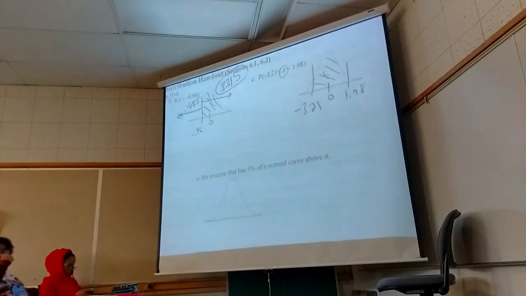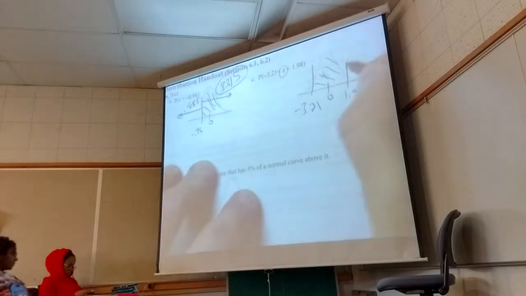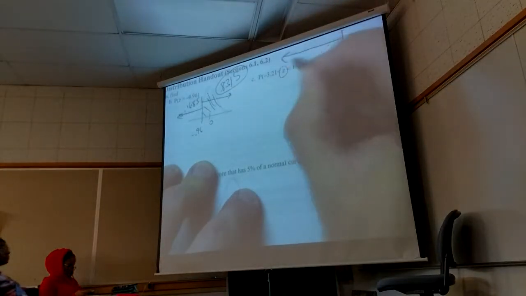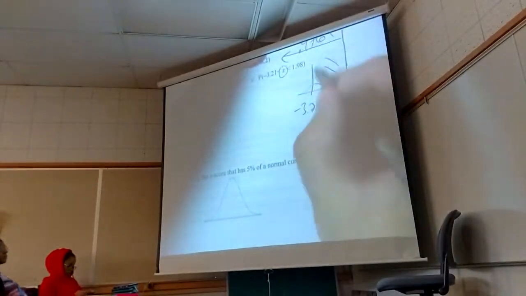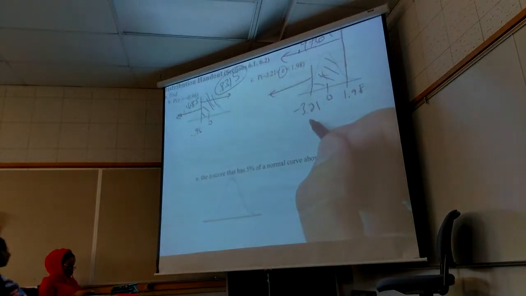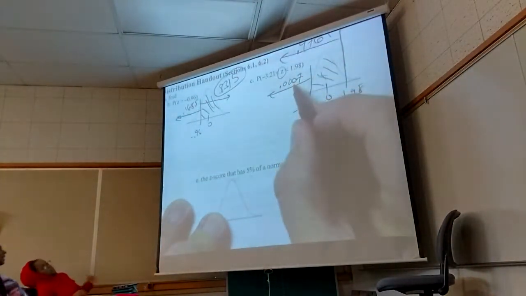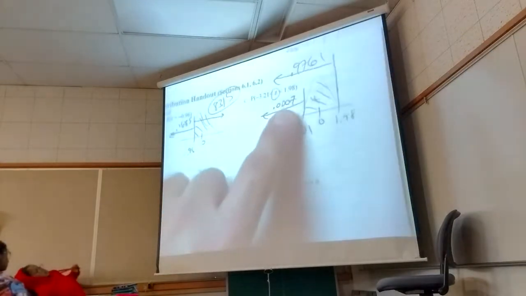It's going to become important on the next thing down to number 4. So when you look up 1.98, you get what? And then when you look up negative 3.21, yeah, there's my kind of bargain basement James Bond.